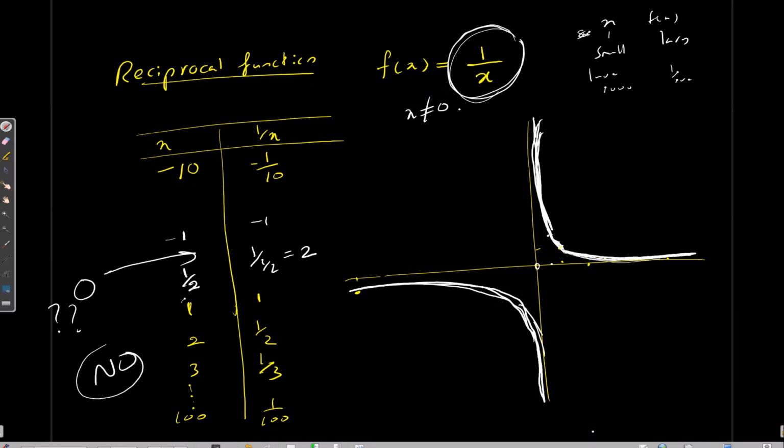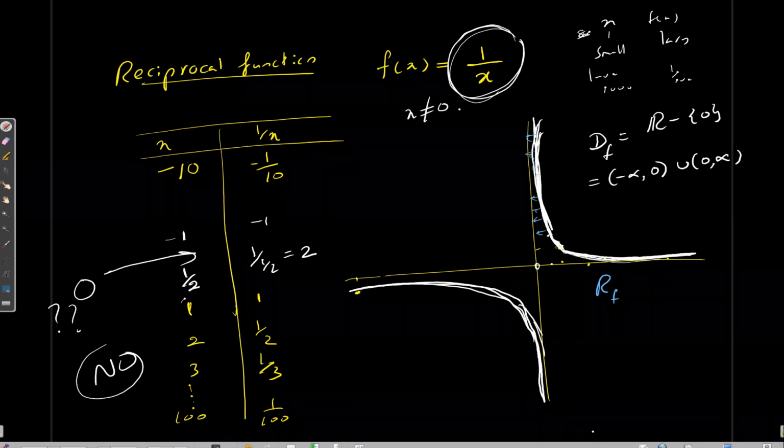So the domain of this function is what? Everything except 0. Or we write it negative infinity up to 0, union 0 to infinity. And what do you think about the range? Well, for range, you need to project it to the y-axis.